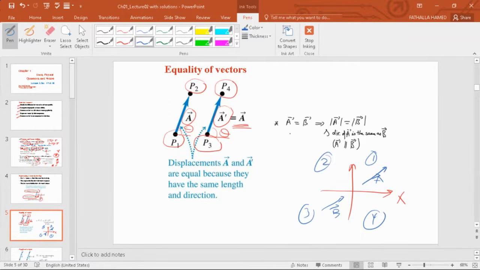And that's why we say here the two vectors are equal when the absolute value of A, that means the magnitude of A, equals the absolute value of B, which means the magnitude of B. When these two magnitudes are equal, and when vector A and B are parallel, that means they are in the same direction. They make the same angle relative to, let's say, the positive x-axis. And in that sense, I will say the two vectors are equal.